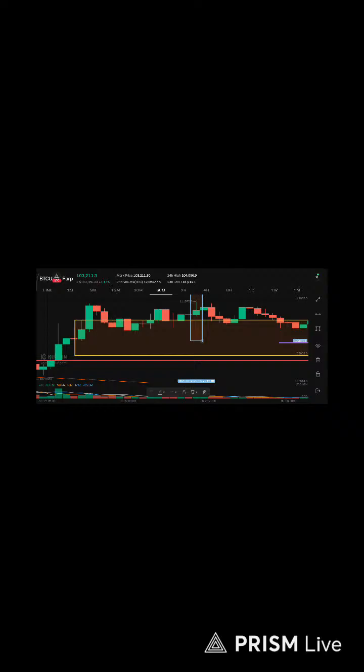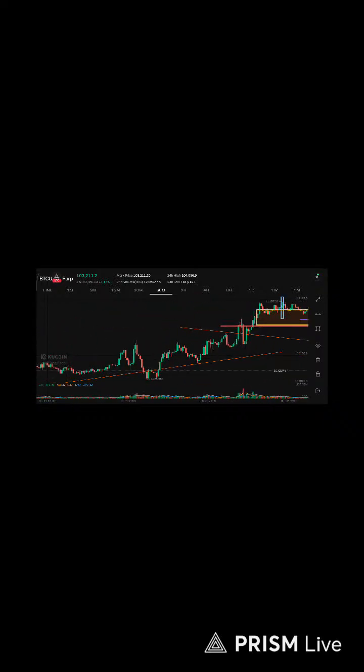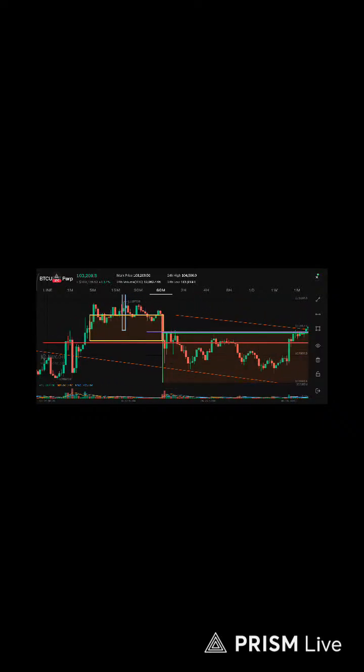After indicating it here, I now wait for a bearish reversal candle to form. That means you should be ready to enter the market.